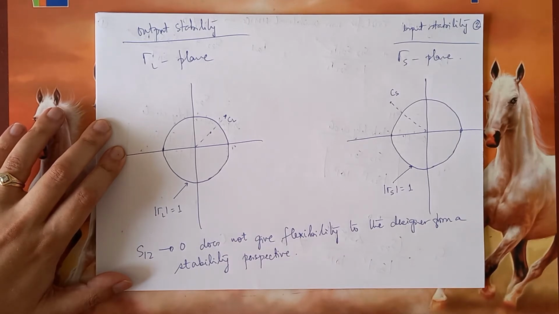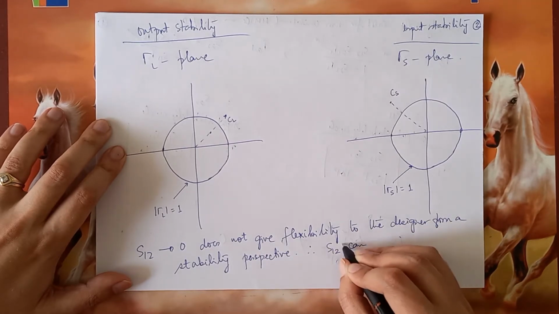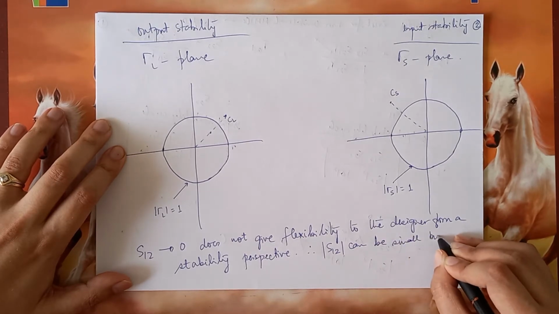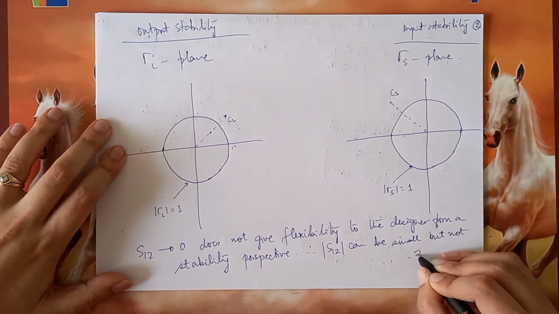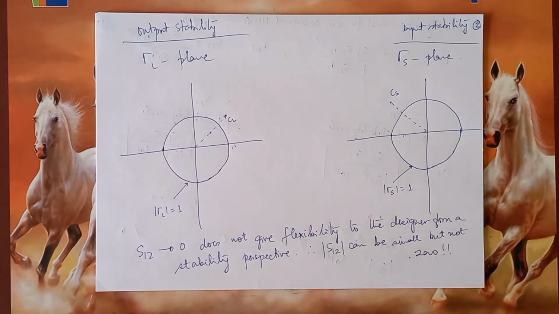We would like S12 to be small but not 0. So we prefer transistors or MMIC amplifiers with S12 close to 0 but not exactly 0, or not that small also.